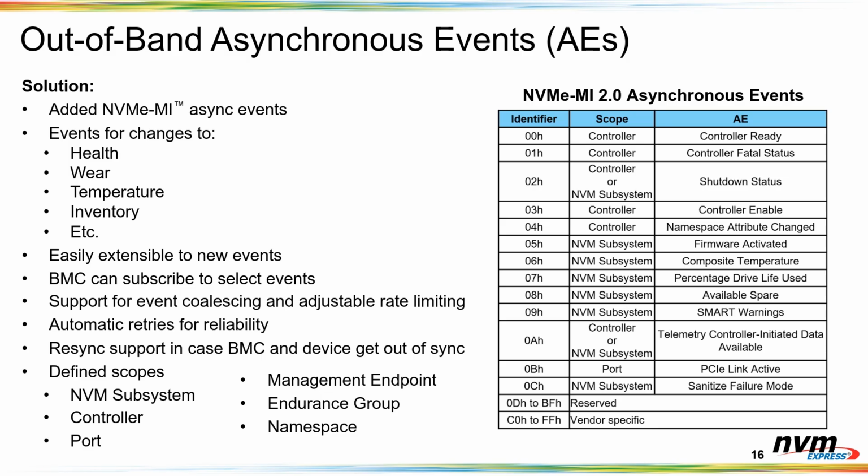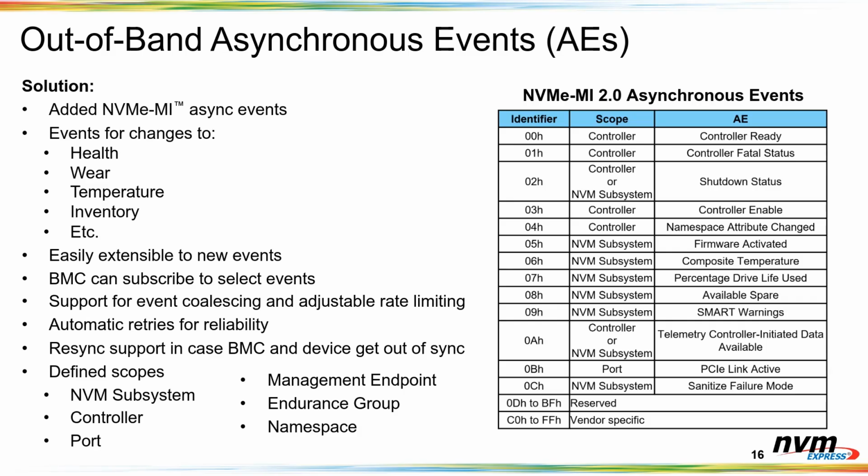This rate limiting avoids flooding the BMC with async event messages for frequent events, but it does increase the latency for those events. However, the rate limiting is adjustable by the BMC, and so the BMC can tune the rate to match the required latency.